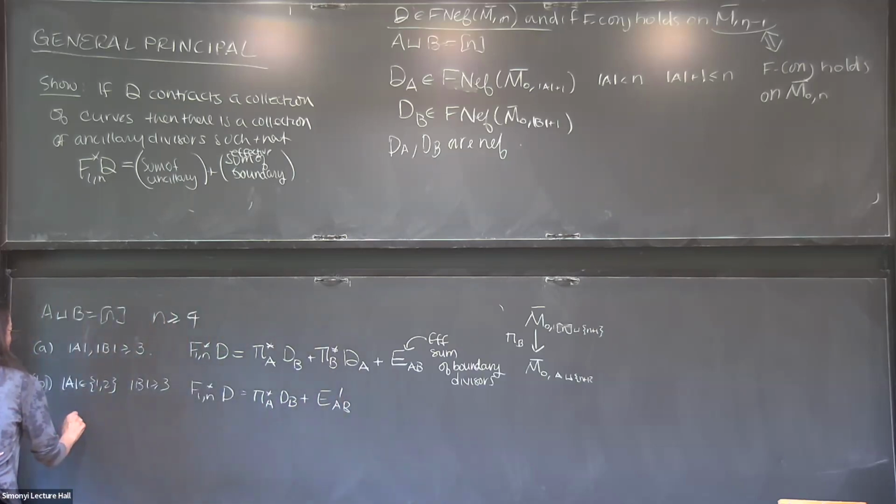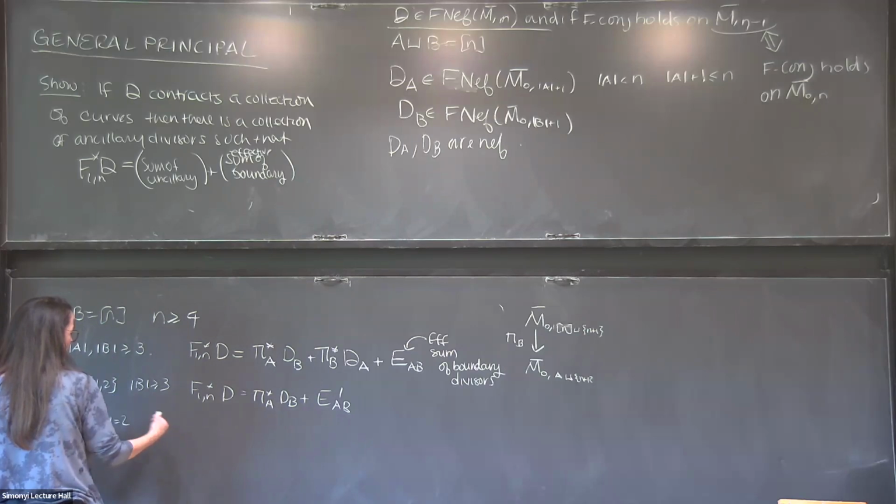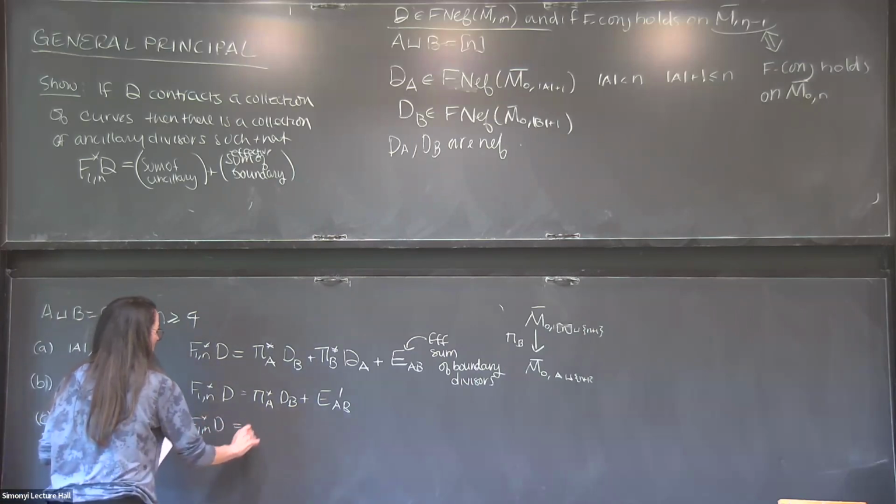And then if they're both, so N is 4, the other case is that they both have 2 elements, because we can't have them both be 1, right? And 1 and 2 wouldn't give you 4. So we have to take A and B are 2. And then you can just write this as just an effective sum of boundary divisors.